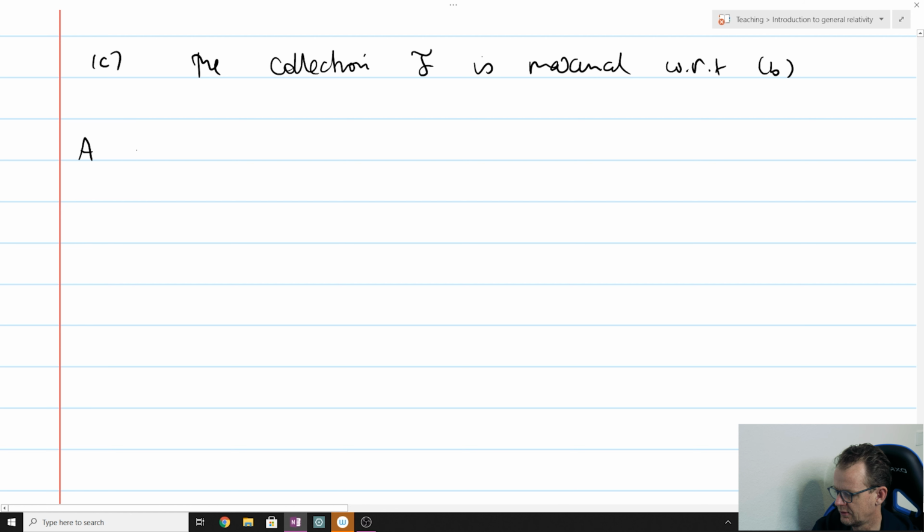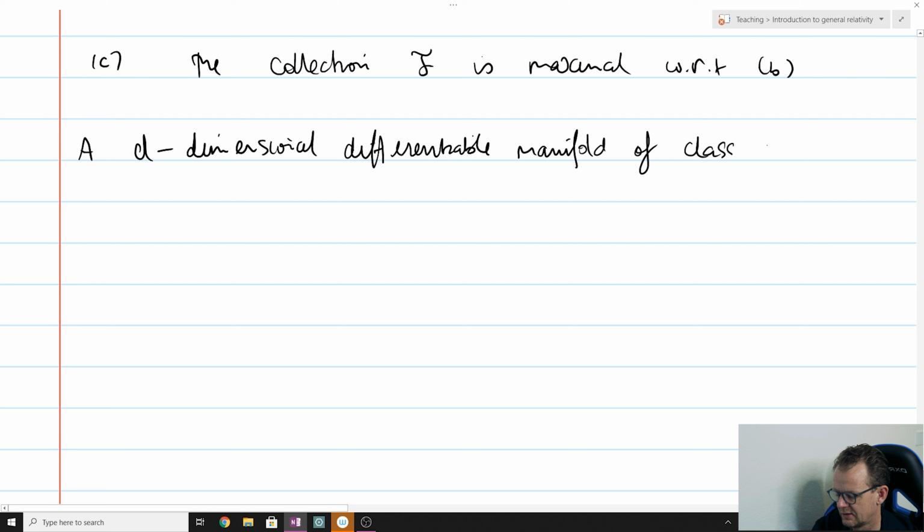And finally, now we come to a d-dimensional differentiable manifold of class CK.